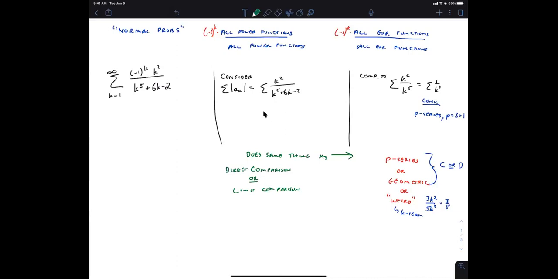The conclusion for this is going to be the same as the conclusion for this. If this converges, then this converges. If this diverges, then this diverges. Does that make sense to everybody? Everybody clear? So when you have these three steps, it's either going to be converge over here and converge here, or diverge over here and diverge here.